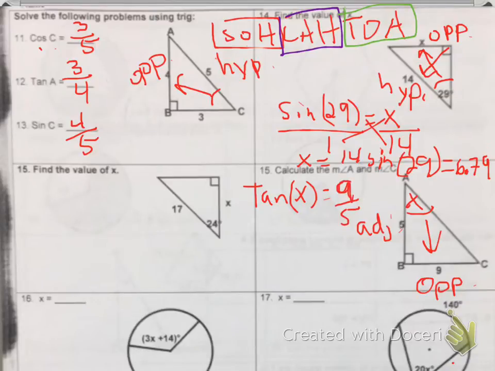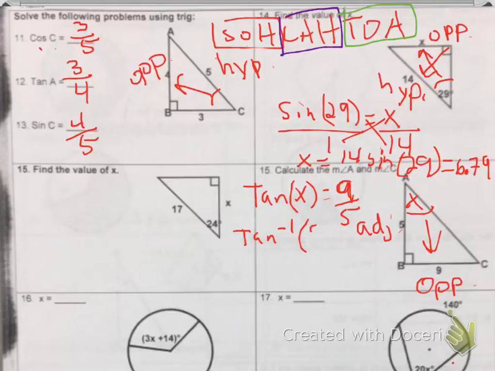And then from here, I need to do the inverse. So when I do the inverse of this on my calculator, all I'm going to do is press the second button, and then press the tangent button. So I'll go second tan, so this becomes the inverse.